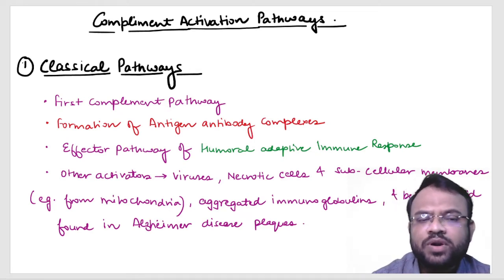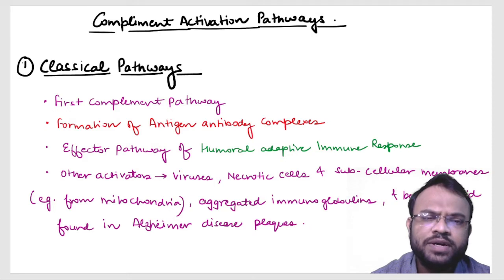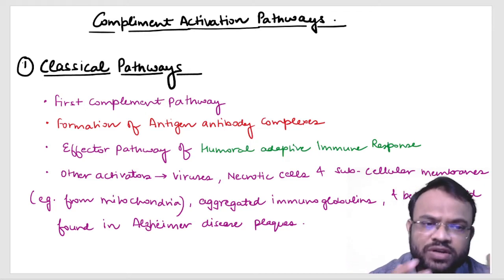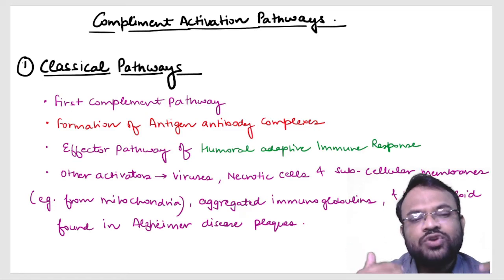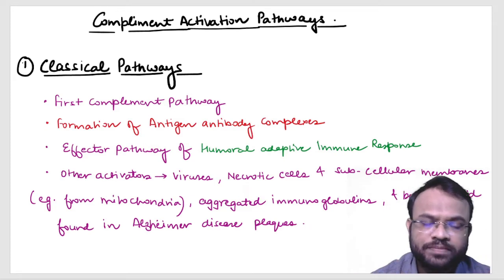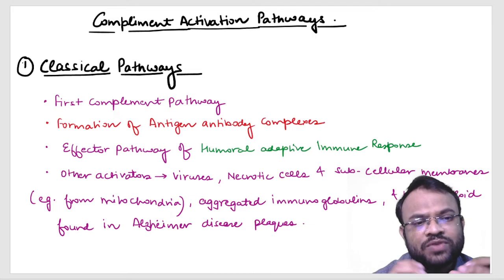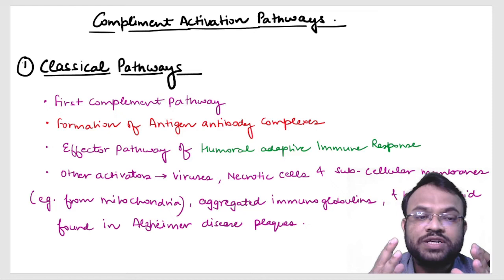One more important thing I would like to add here. I should have said this before starting the classical pathway, but I just remembered it. We should know what a complement system does. In general, the function of the complement system is to aid in opsonization, or to facilitate the phagocytosis of a pathogen. Whenever we want to engulf a given pathogen, the complement system comes into activity.